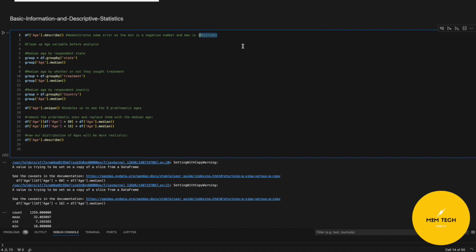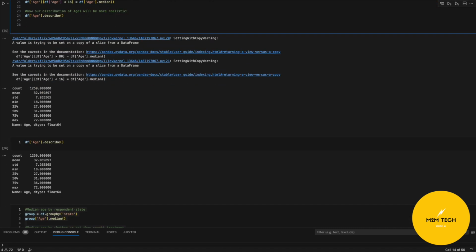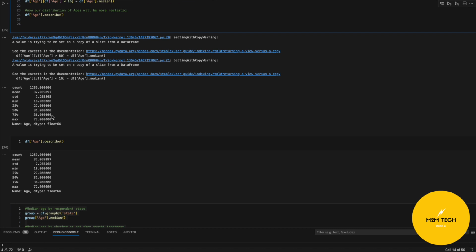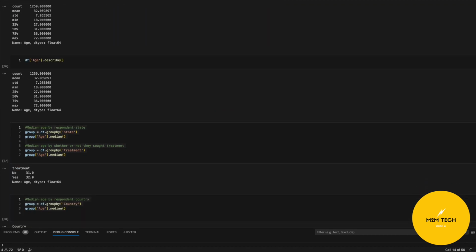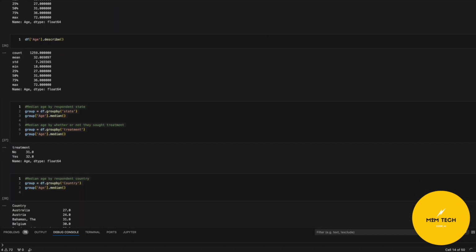So obviously people were trying to anonymize their responses by putting fake data. All we had to do was remove the problematic ones and replace them with the median of the regular ages so that it would be more realistic. And here, voila, we have from 18 to 72, so it's more reasonable.